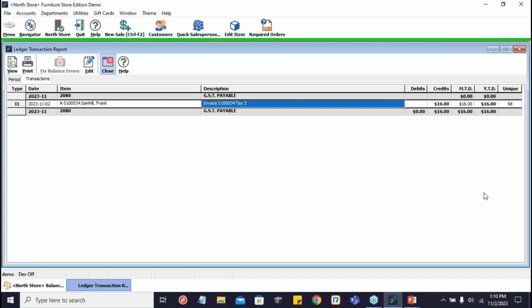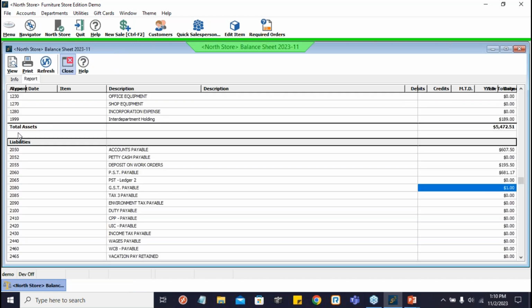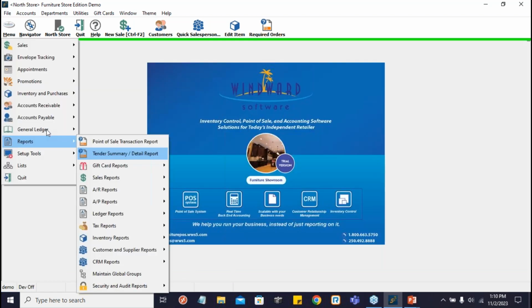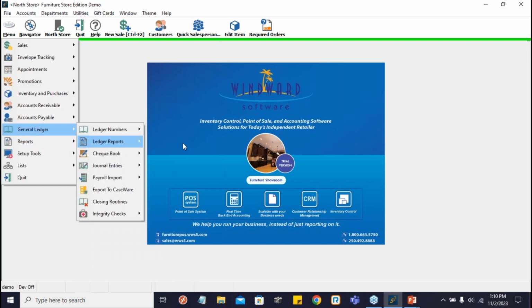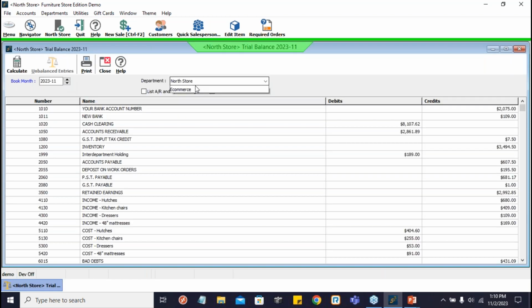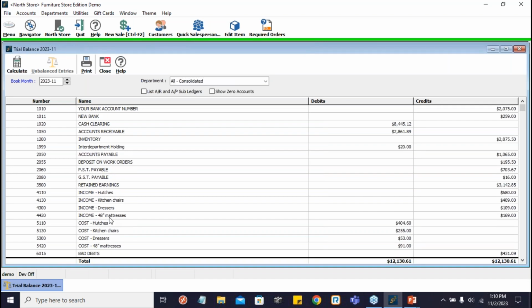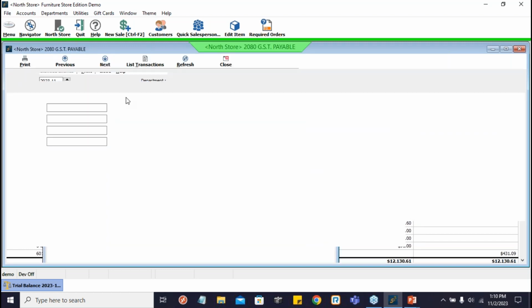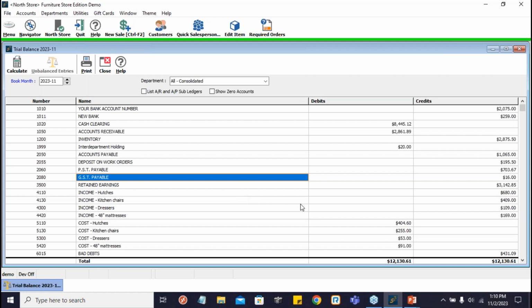Let me run the trial balance. So there, $16 that we have collected from our customer.